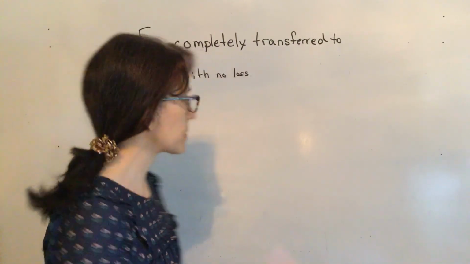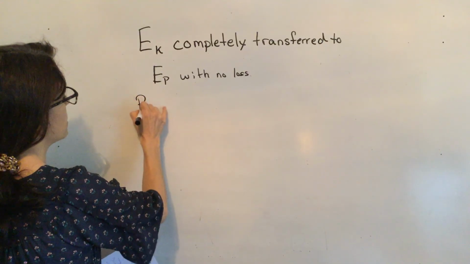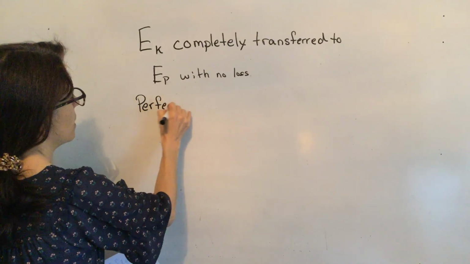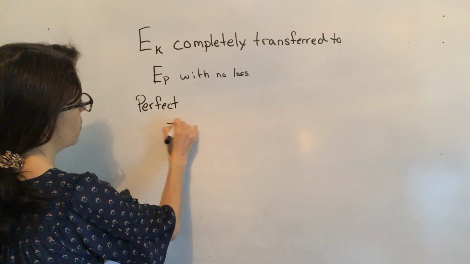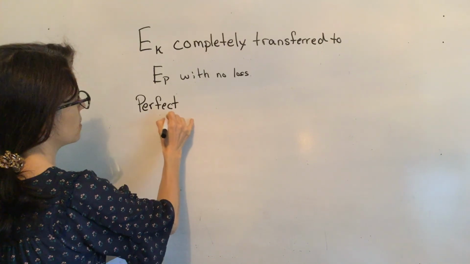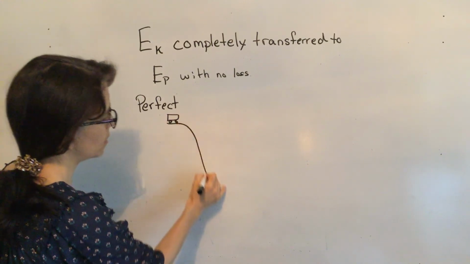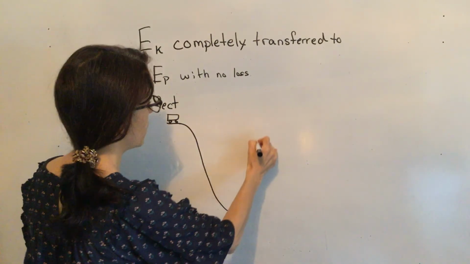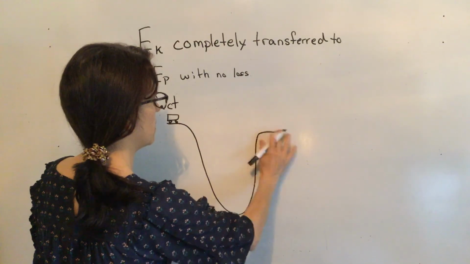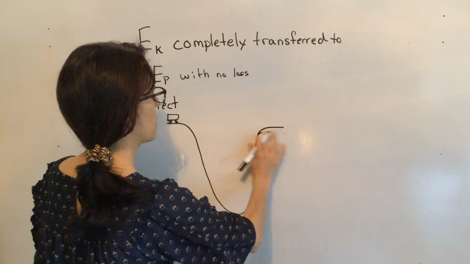Perfect machine. I like to think of it as my perfect, never-ending roller coaster. Here's my cart. My perfect never-ending roller coaster starts at the top of the hill, goes to the bottom of the hill, comes right back up to the same height, maybe a little bit higher to make that equal.